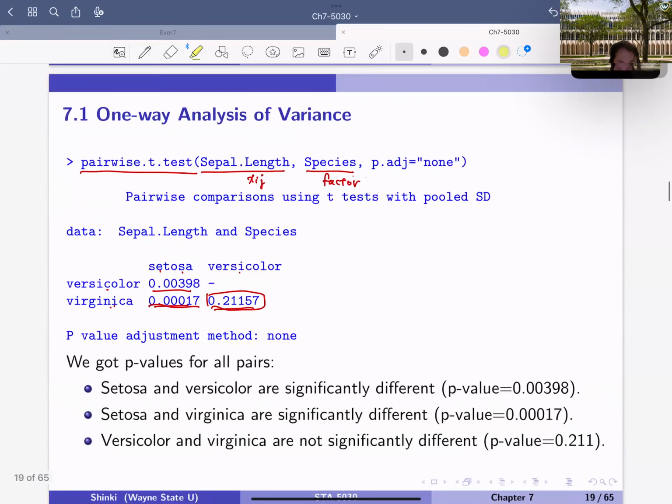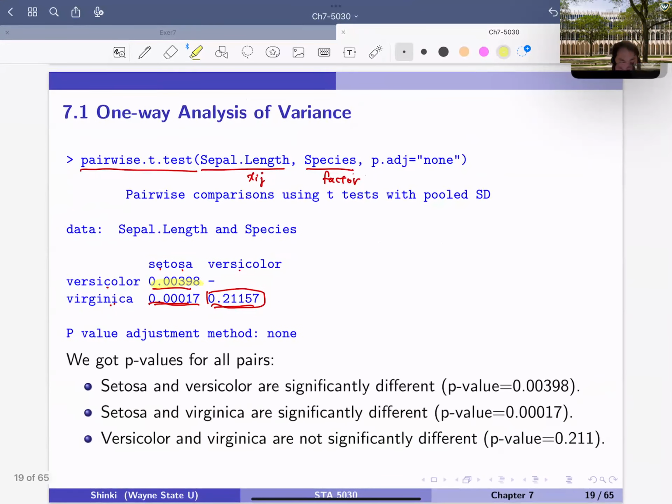So this analysis is a little bit arbitrary because we have 3 p-values. And even though one p-value is not significant, we still try to claim that Setosa is different from versicolor, or Setosa is different from Virginica. But this can happen if we test many pairs.